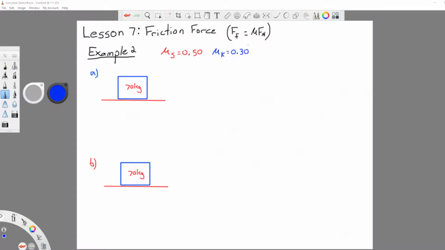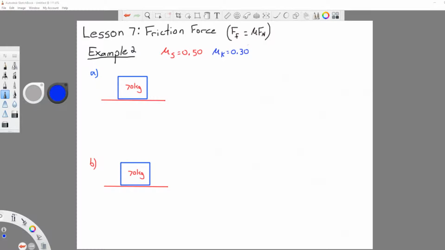Anybody who's really tried to drag any sort of heavy object, I always think of a sled on snow. If you're trying to pull a sled on top of the snow, it can be quite difficult to get going if it's heavy. But once you get over that initial hump of moving it, it's easy to drag along. There's a fairly large, from what I've noticed, difference between the coefficient of static friction and kinetic friction with, say, a wooden sled on snow.